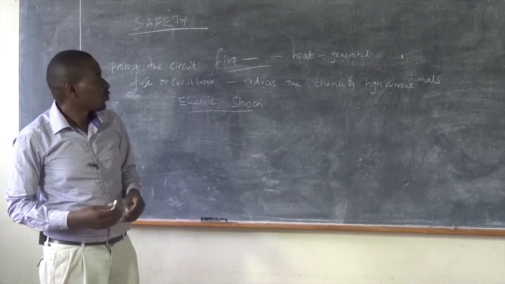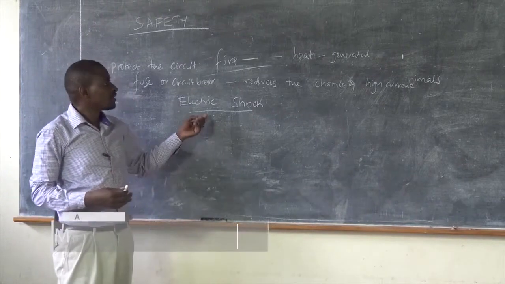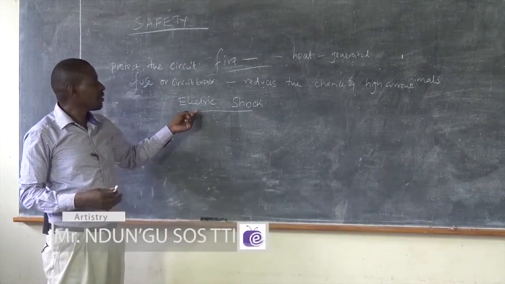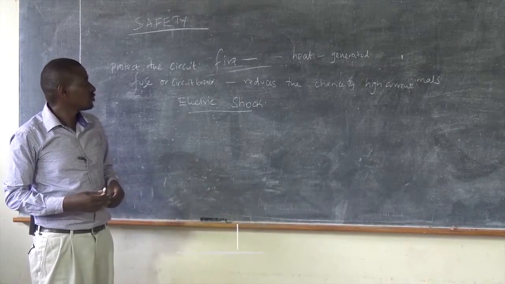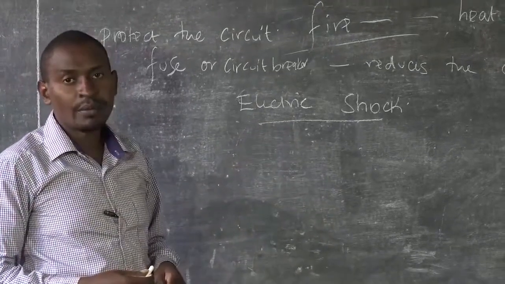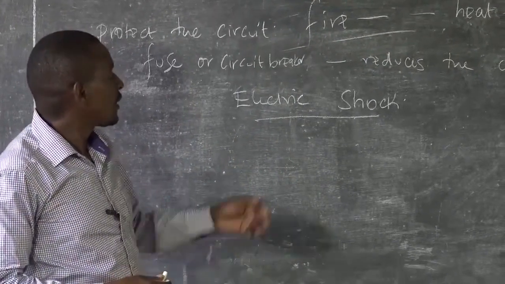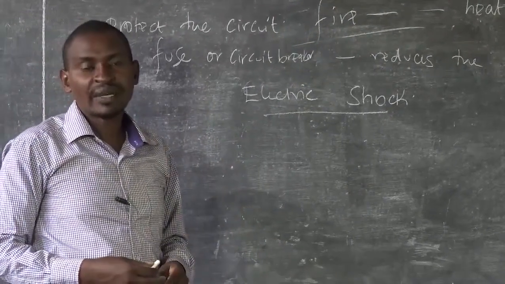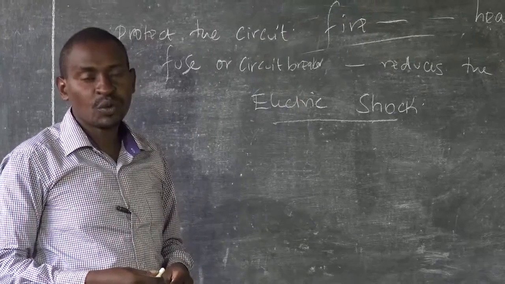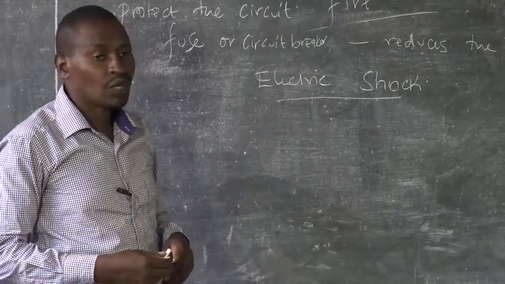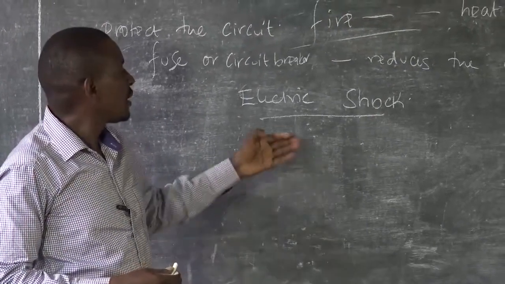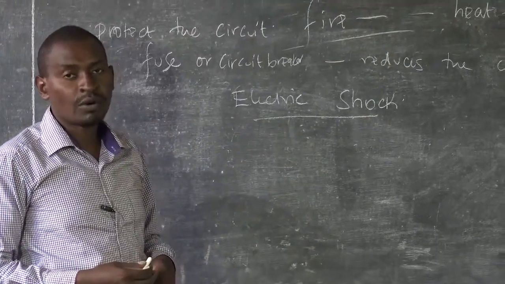Now, if we have this current flowing in our body, then it results in unusual behavior, because the current that flows in our body to operate our nervous system is quite low. So if we go beyond a certain threshold, the body will not function properly.